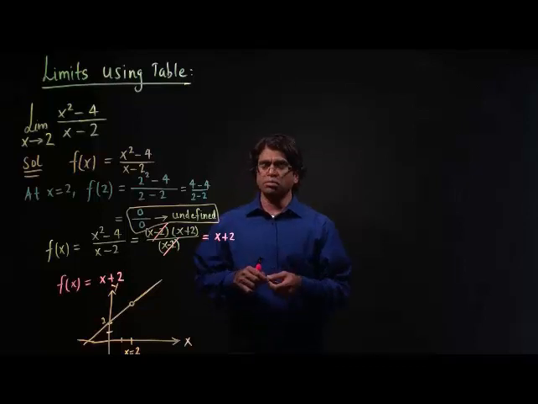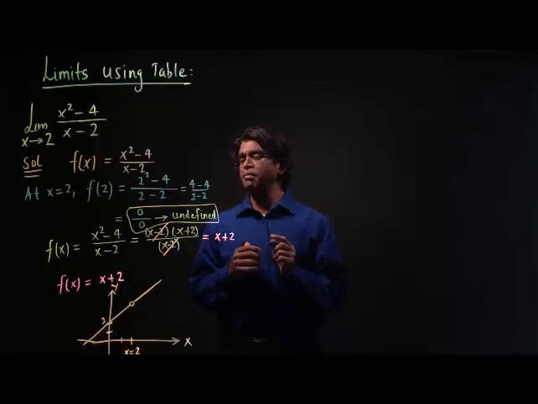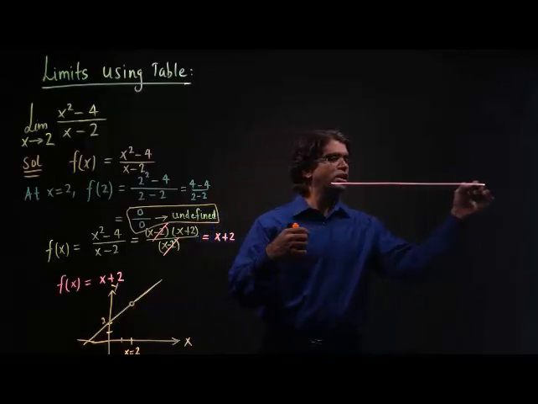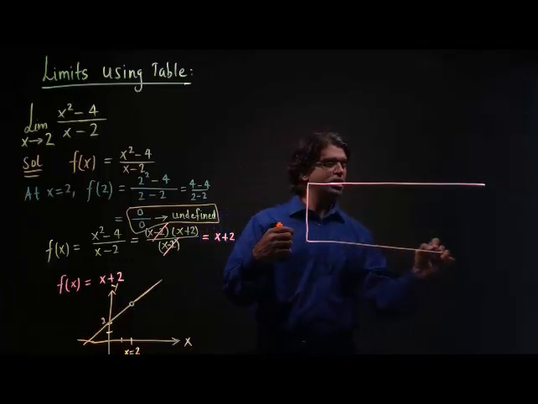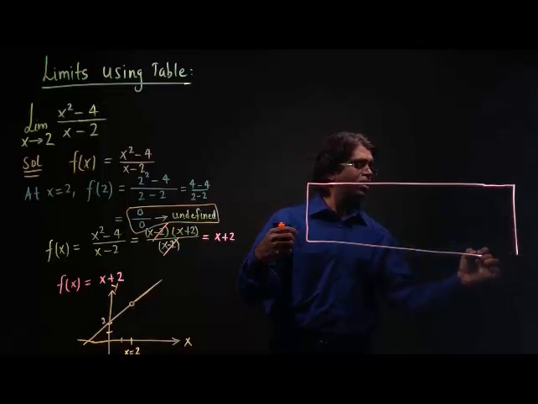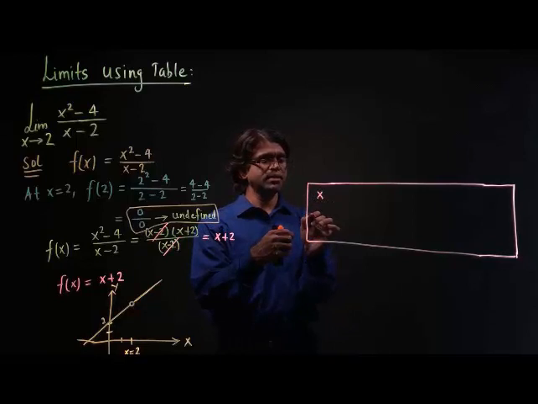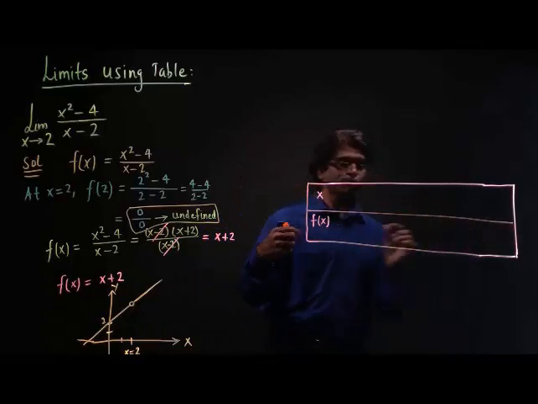Now I'm going to create a table to find the limit of the function. This is my table. I'm going to consider my first row as x and my second row as f(x).